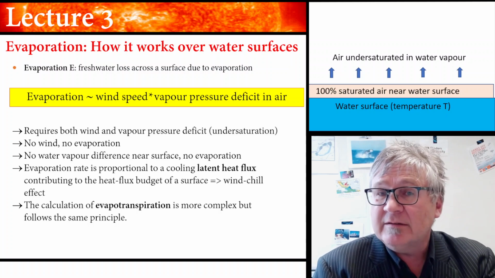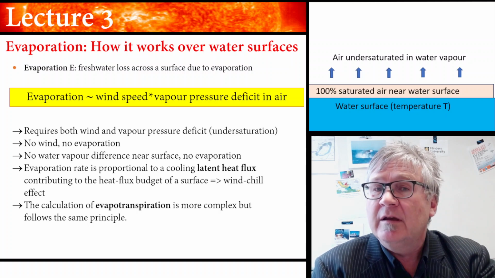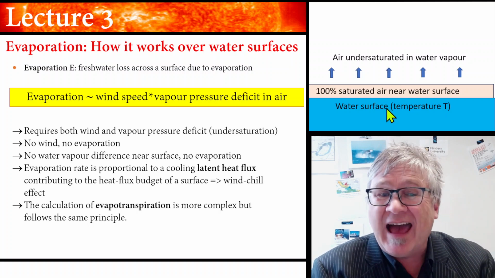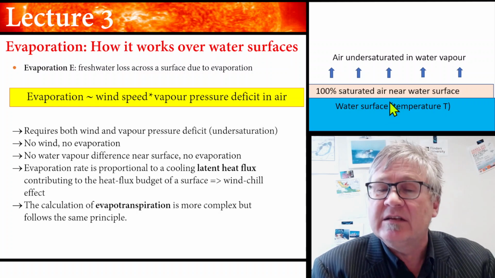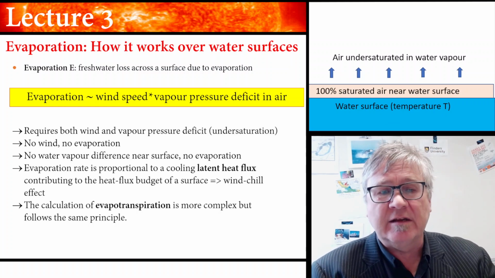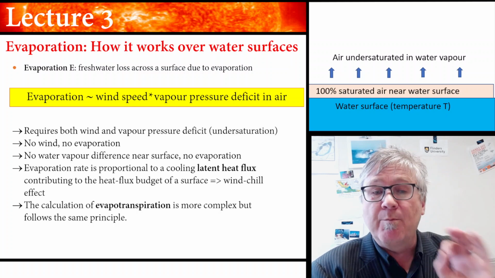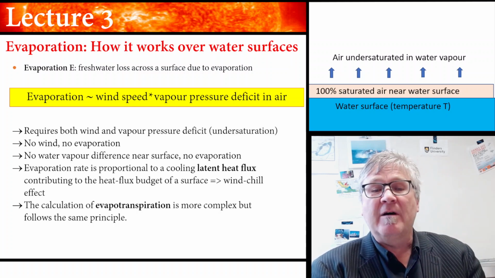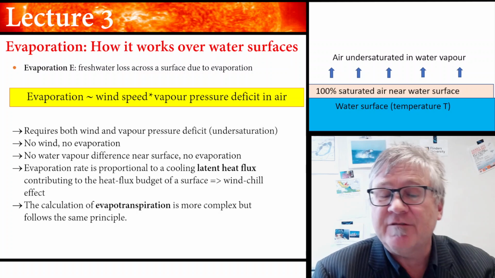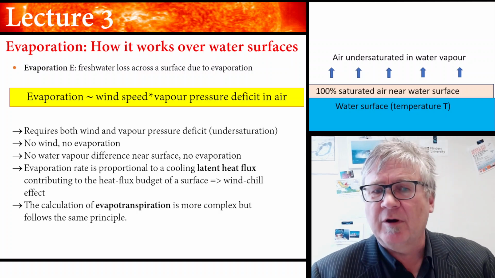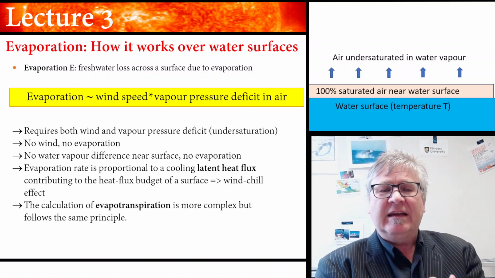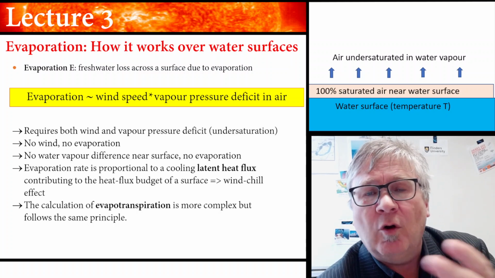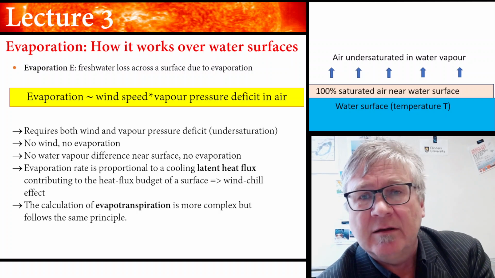Okay, so the stronger the wind, the faster or the higher is this flux, the larger is this evaporation rate. Okay, so you need both. You need to have wind and a vapor pressure deficit. If you're confused about the term pressure, it's about in air. If you think about gases in air, it's all about the partial pressure that they have.